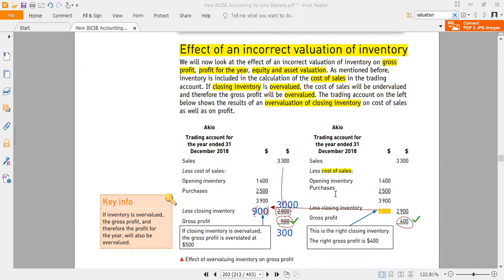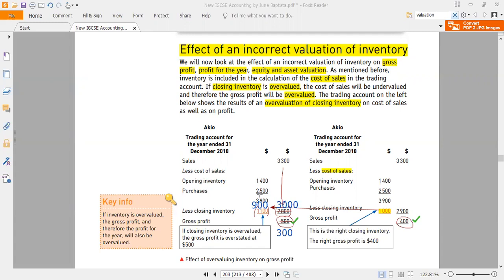Yes, sir. So the conclusion, or the end story, is: if your closing inventory increases from 1000 to 1100, your profit also increases.